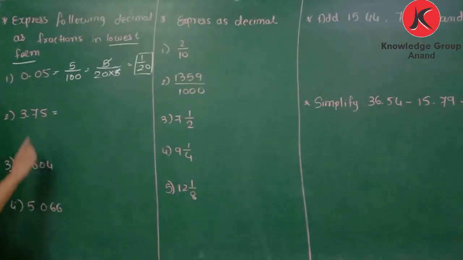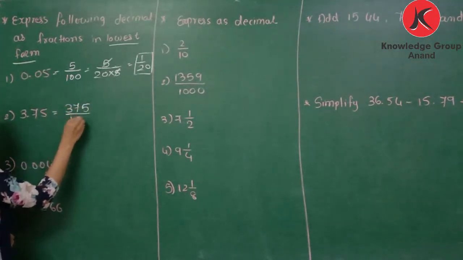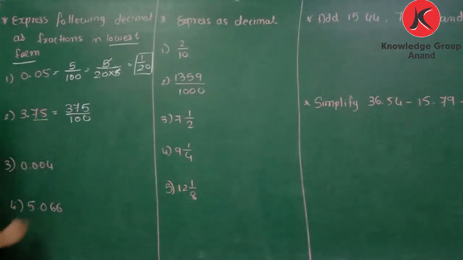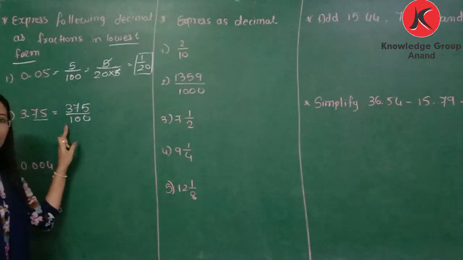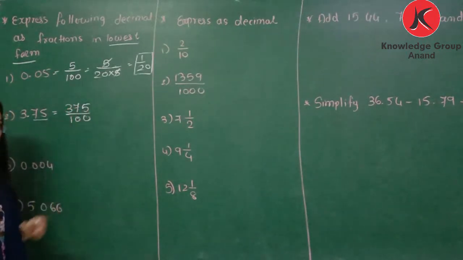3.75. So 3.75 can be written as 375 divided by what? Divided by 100. Why 100? Because there are 2 digits after the decimal point. Now here we need to cut the common factor. So first of all we will factorize 375.